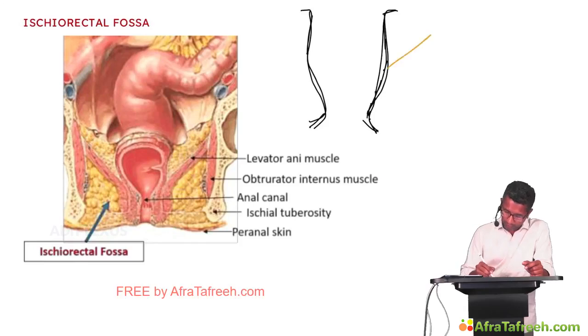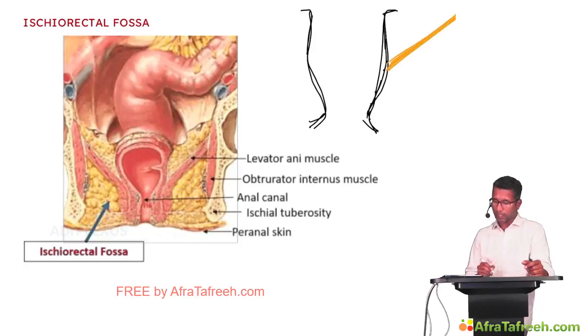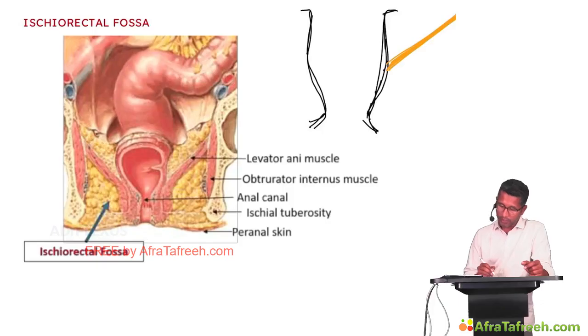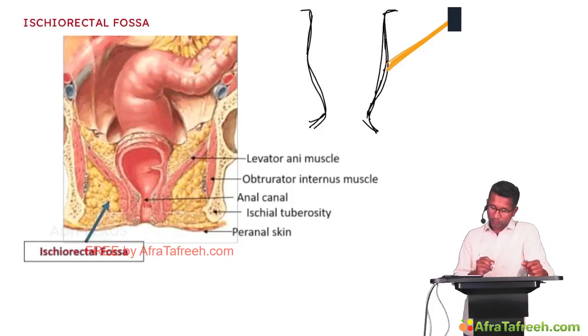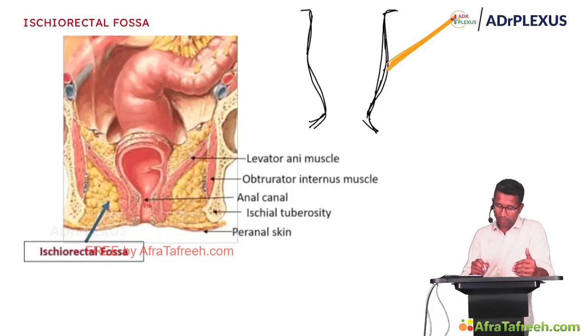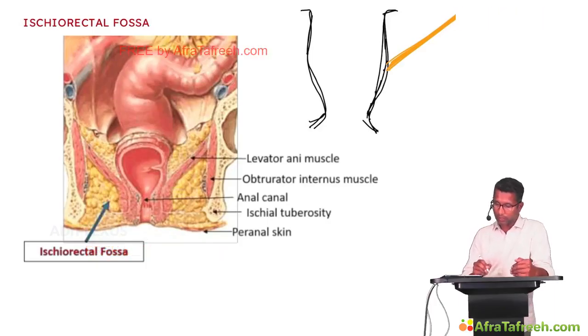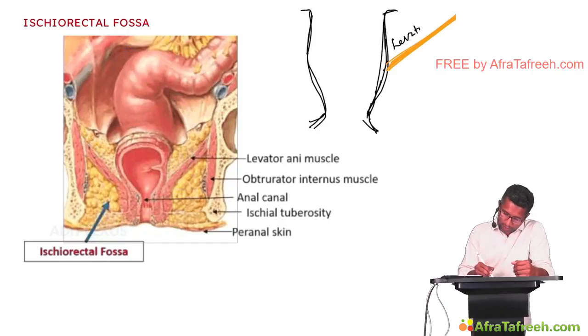Can anybody tell me the other name for the pelvic diaphragm? There is an opening in the pelvic diaphragm through which the anal canal comes down to the outer aspect. Yes, very good guys, this is called the levator ani.